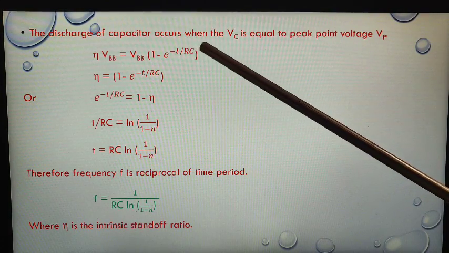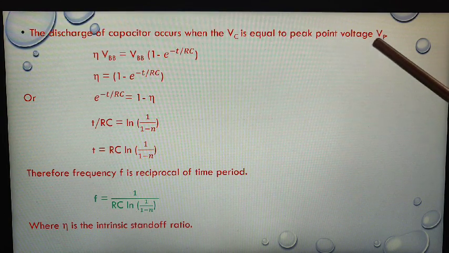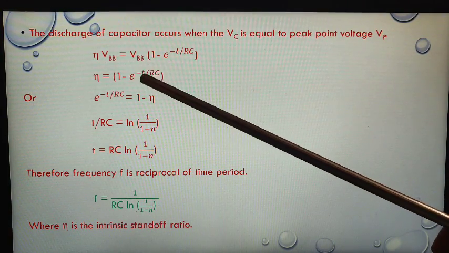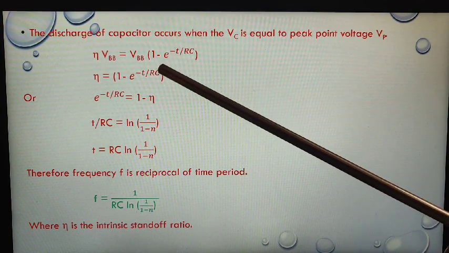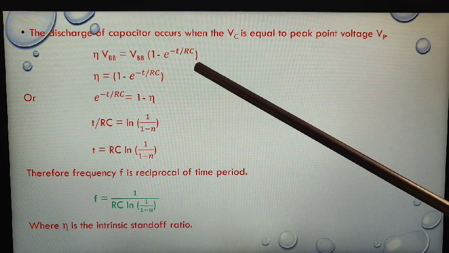The discharge of the capacitor occurs when Vc is equal to peak point voltage Vp. So eta VBB equal to VBB into bracket 1 minus e raised to minus t upon RC.